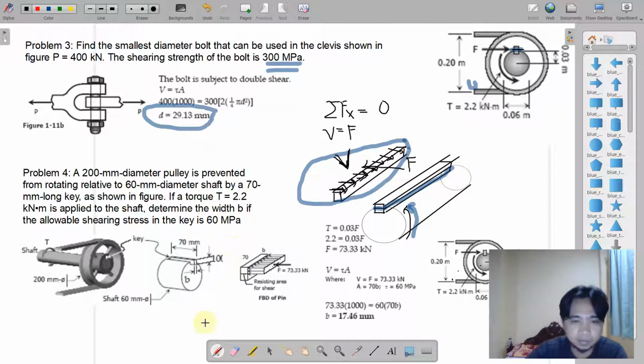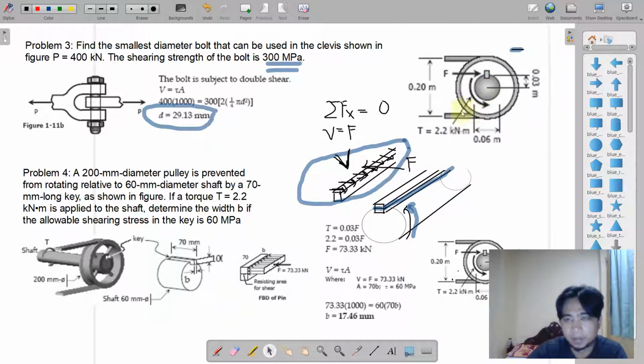In this figure, this is actually the figure of the FBD. So relating our torque, the torque is within the shaft. It is a couple that is applied in the axis of the shaft.